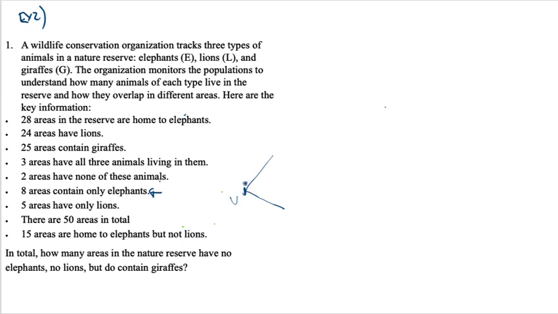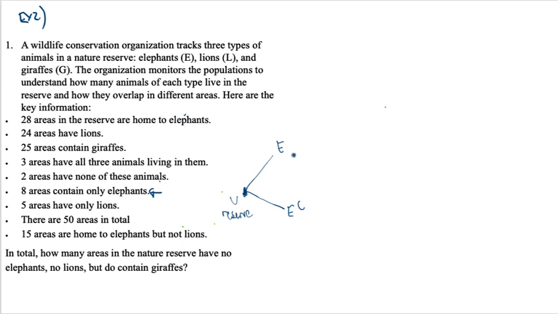I have areas, because the problem says that there's an organization that monitors these animals, and we're going to keep track of whether areas have these animals or not. So this is my reserve, or my lands, my areas. And I can branch. Some of the areas can have elephants. Some of the areas don't have elephants. This is my first set.